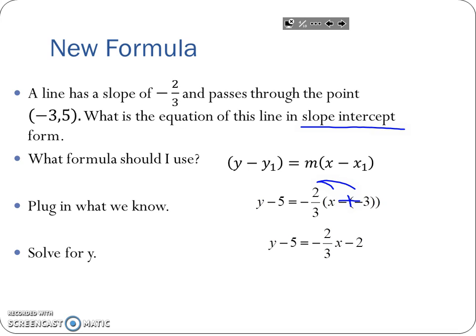That gives me a negative 2. Last thing that I need to do, add my 5 to the other side. After I add my 5 to the other side, I get y equals negative 2/3 x plus 3. And we are ready to graph that equation if they would ask us to do so.